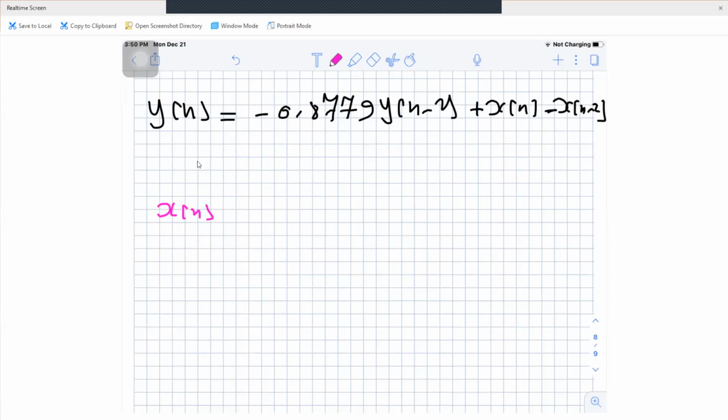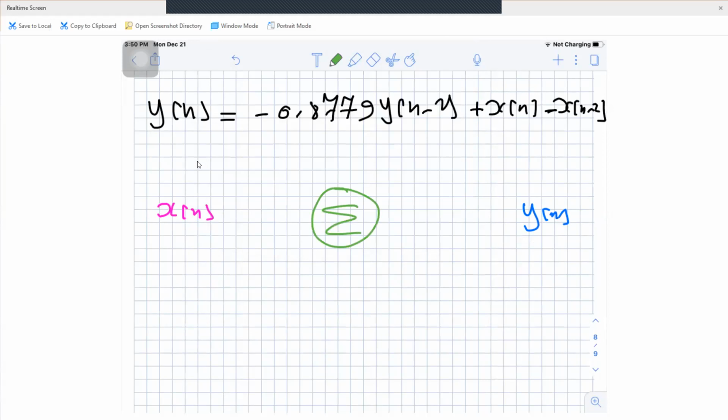Input is x of n, and output will be y of n. Of course, in between, we have a summing circuit.